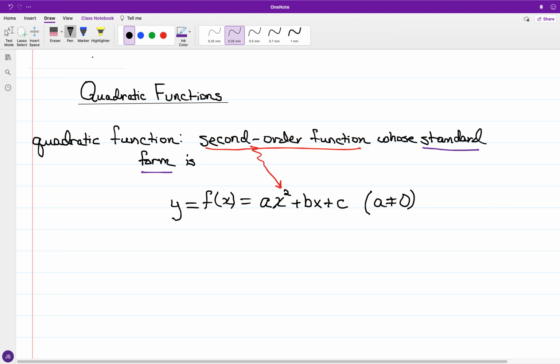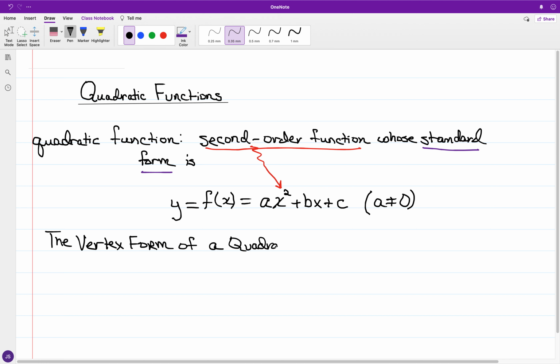It's a different way of expressing the same thing, and I am momentarily going to abandon the standard form of a quadratic function and focus on the vertex form. But again, we'll be looking toward the end at translating between the types of expressions to which a quadratic function is going to be defined.